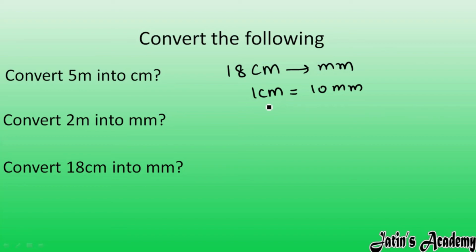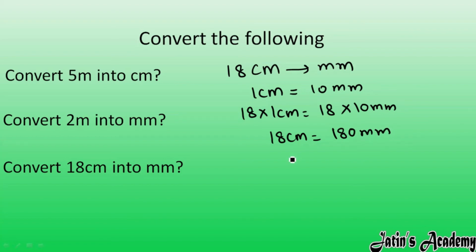Here we want 18, so what will we do? Multiply 18 on both sides. See carefully. Here you will get 18 multiply 1 as 18 centimeter and 18 multiply 10 as 180 millimeter. So in 18 centimeter, 180 millimeters are there.